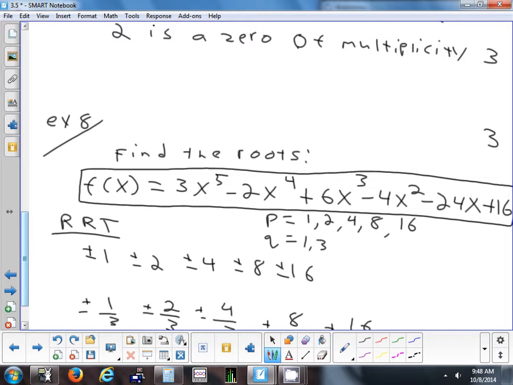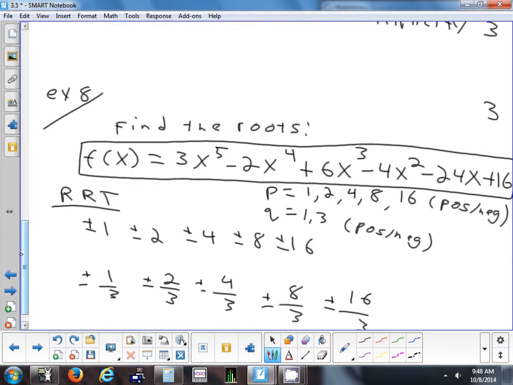I've listed all the possible values for P and Q. Remember, these are all positive and negative. So P are all the factors of 16. Q are all the factors of 3.